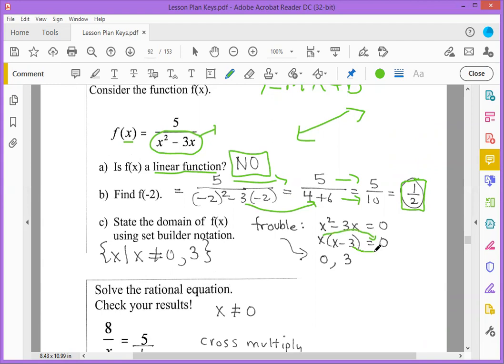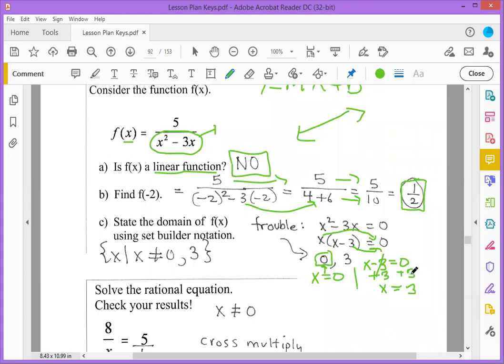Now we're going to set each of these factors equal to 0 and solve the equations. So that first factor outside, x equals 0. That's one of our solutions. And then the second we'll get by setting that second factor, x minus 3, equal to 0 and solving the equation. We're going to add 3 to both sides of this equation. The 3's cancel on the left side, leaving x.